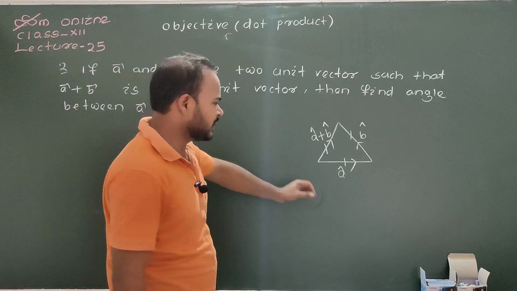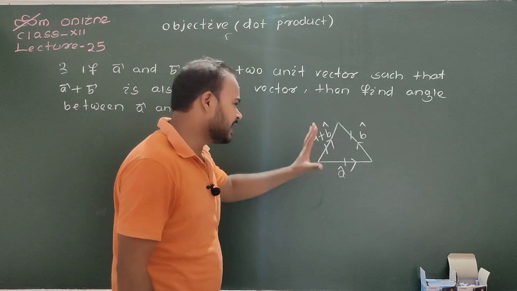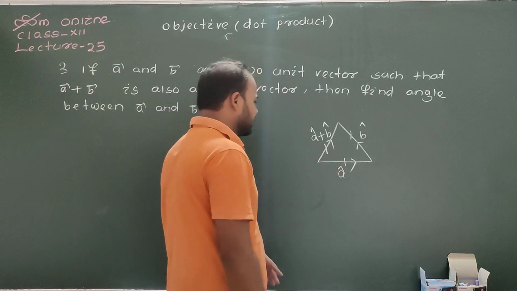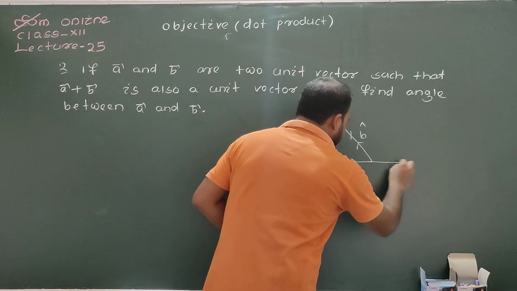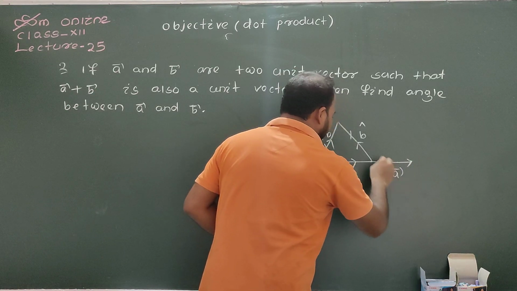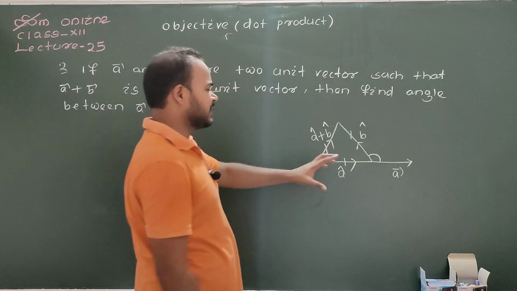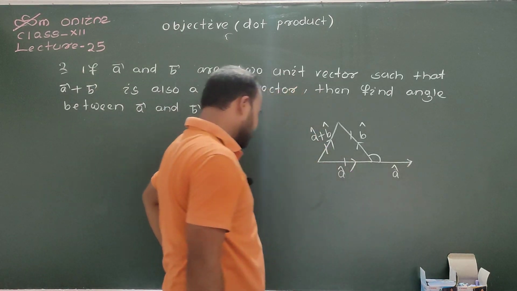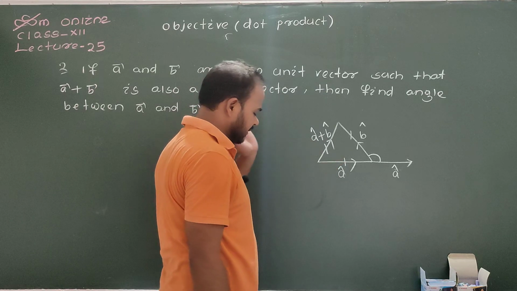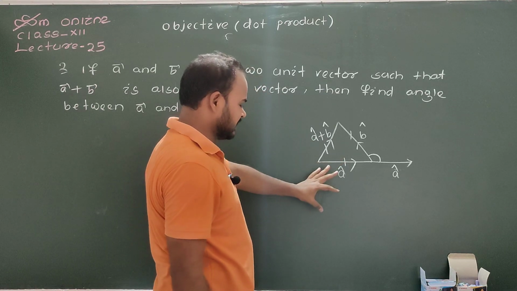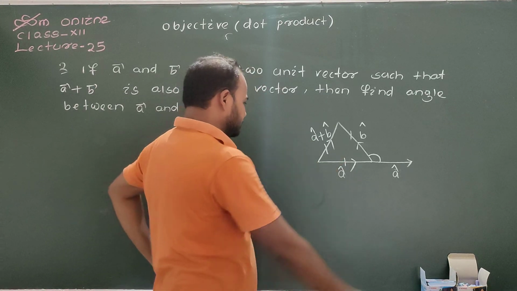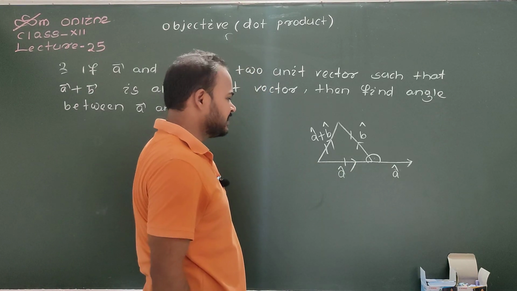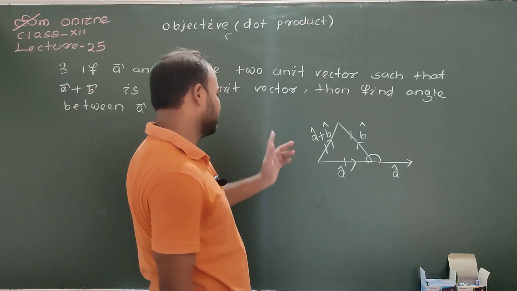That means the triangle is equilateral. Now we have to find the angle between vector A and vector B. This is the angle between a cap and b cap, and this angle is 120 degrees.